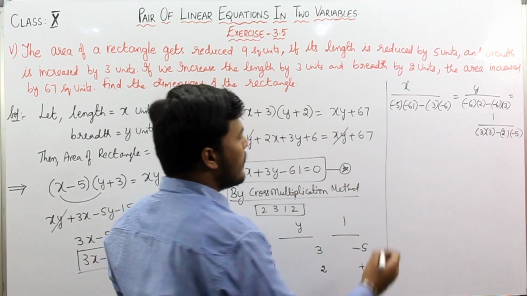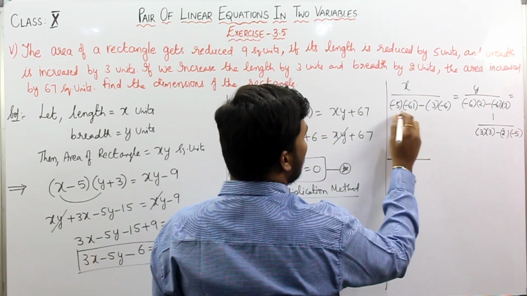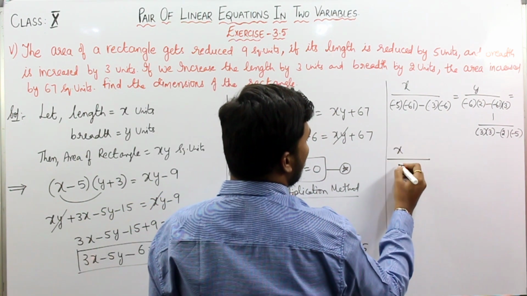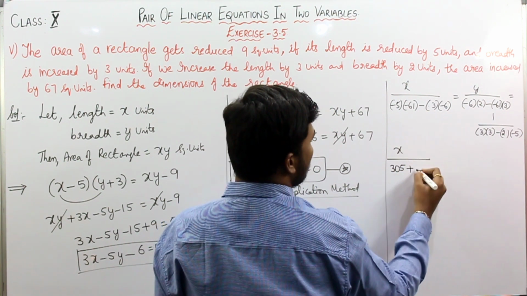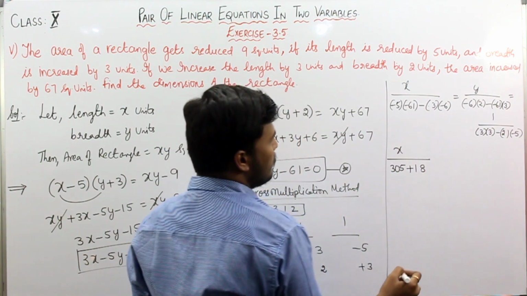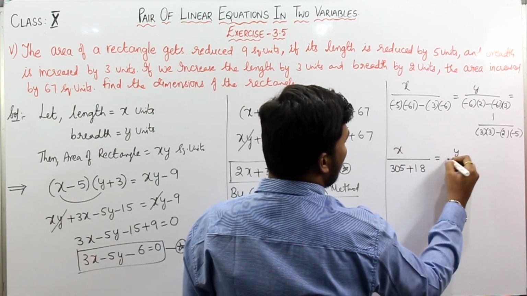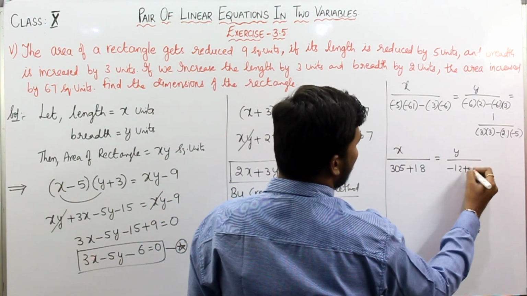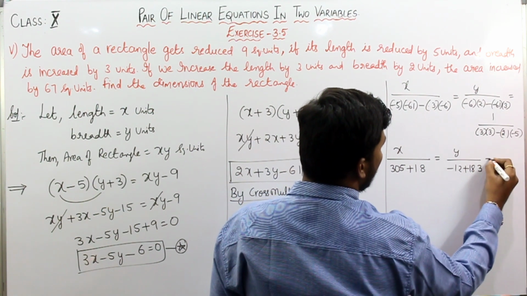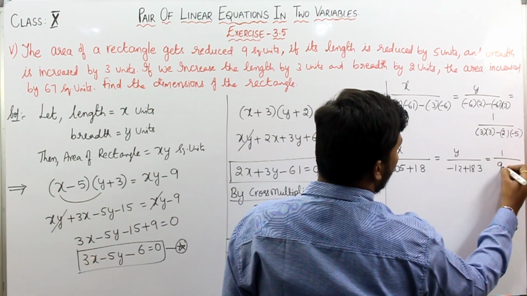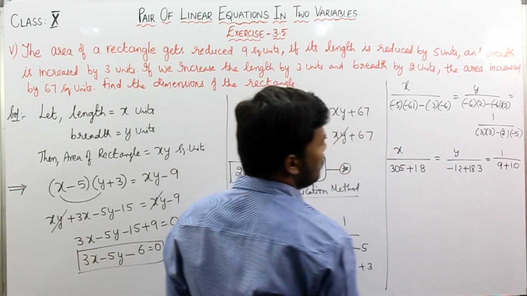Okay, so then it will become x by 61 fives are 305, plus 3 sixes are 18, is equal to y by minus 12 plus 183, is equal to 1 by 9 plus 10.